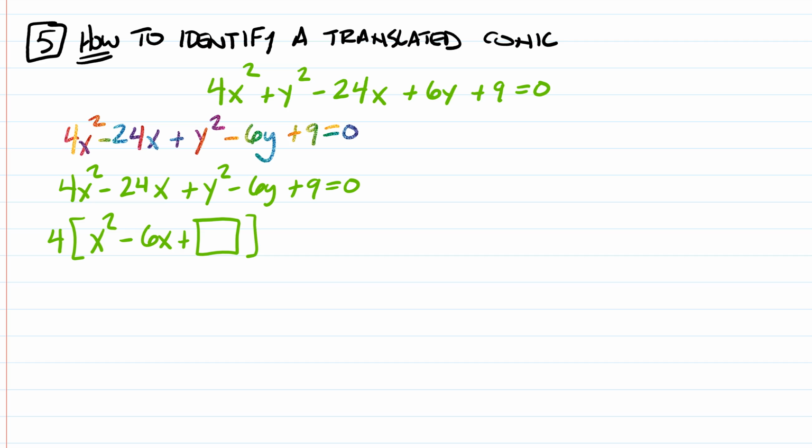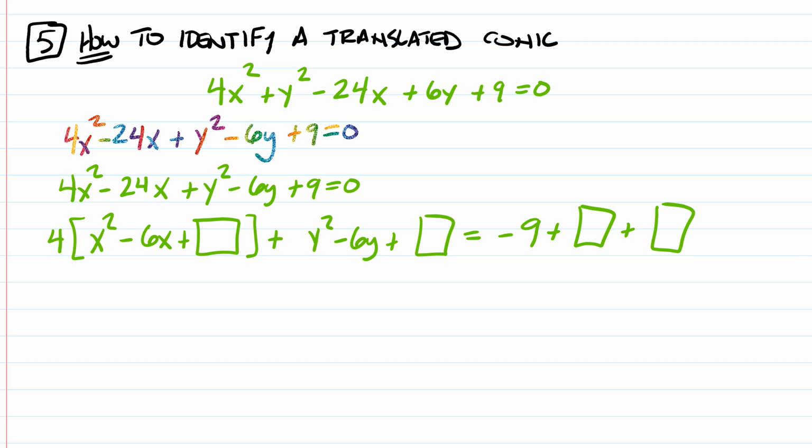Leave some space here because we're going to create the magic number. The leading coefficient on the y squared is a 1, so I can just keep that the same. So I've got y squared minus 6y plus something, a magic number we're going to fill in in just a second, is equal to, move your constant over, minus 9 plus the first something plus the second something.